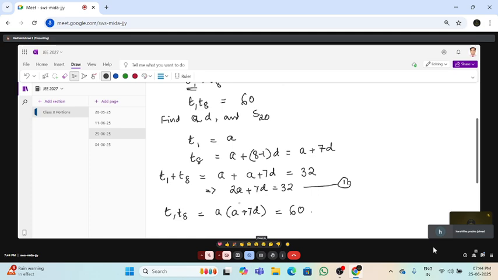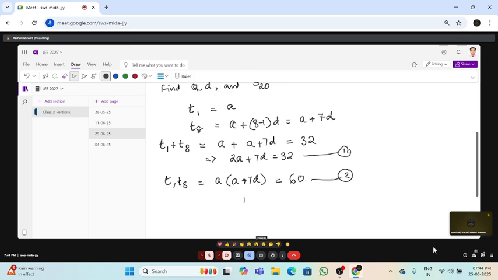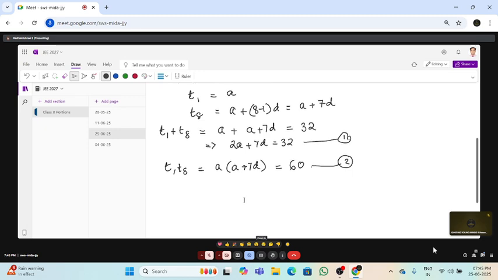Okay. So what we need to do is we can use the substitution method. So these are the two equations, but I'm not going to expand it like A square plus 7AD. Instead of that, I'm going to use the first equation to find out, let us say D. So 7D equal to 32 minus 2A is what I get from the first equation.